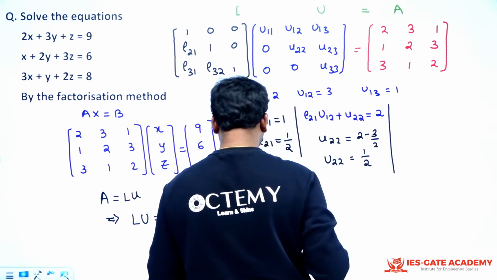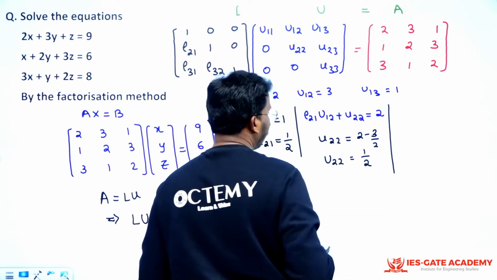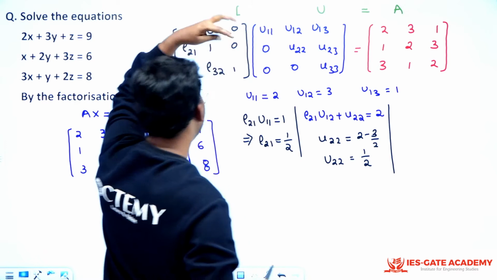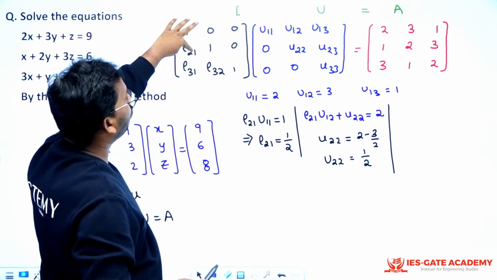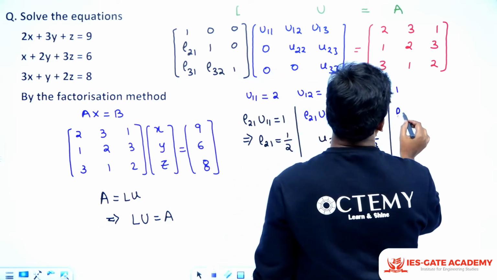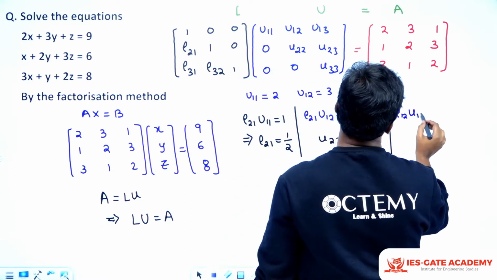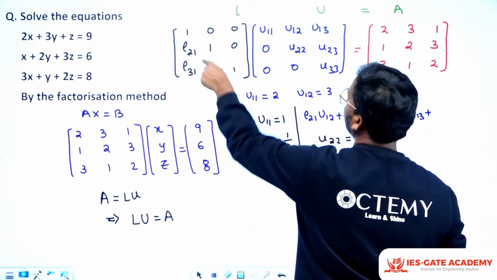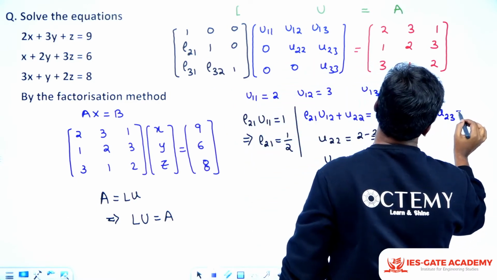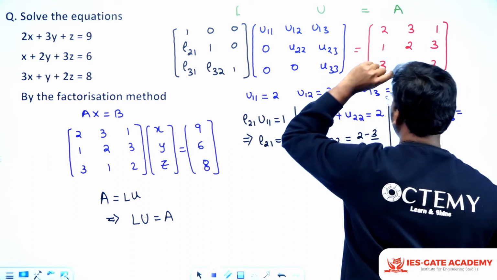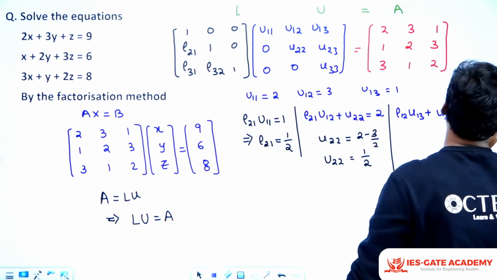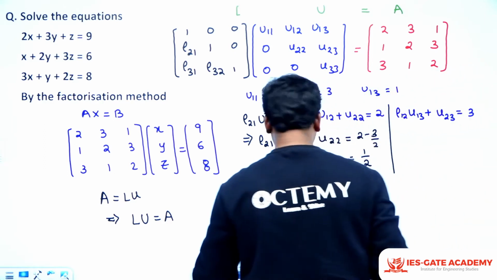Similarly, if I look at the last one in this row, that would become L21 into U13 plus U23, and we equate it to 3.